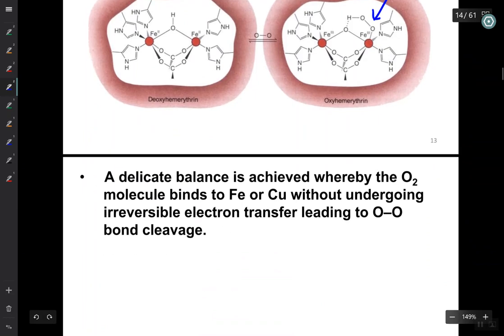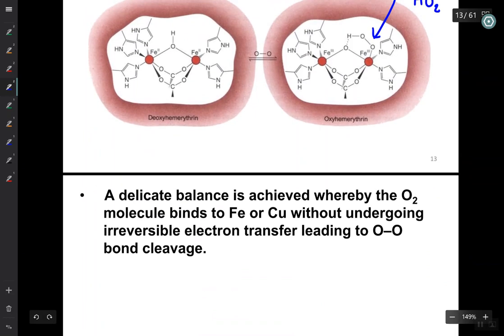So what's important about all three of these O2 transporters is that they have to achieve this delicate balance where they can bind O2 to iron or copper without undergoing irreversible electron transfer leading to O-O bond cleavage. If this bond gets broken, then it's going to react with something else and you lose the O2 molecule, right?